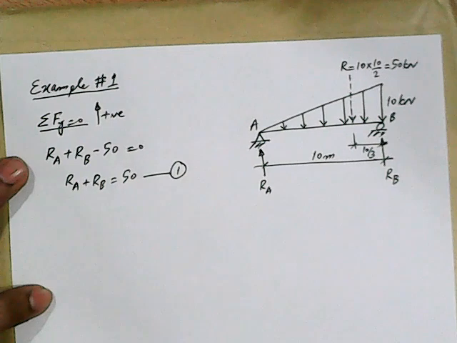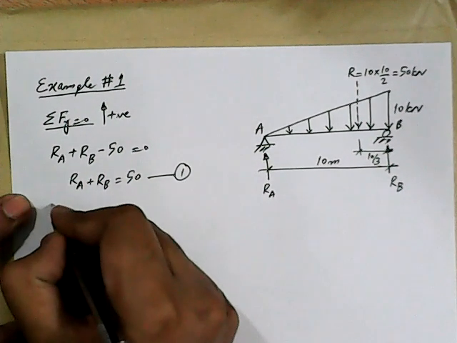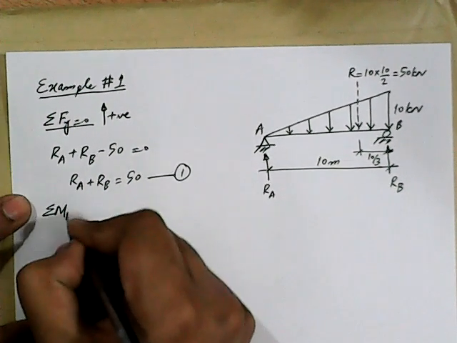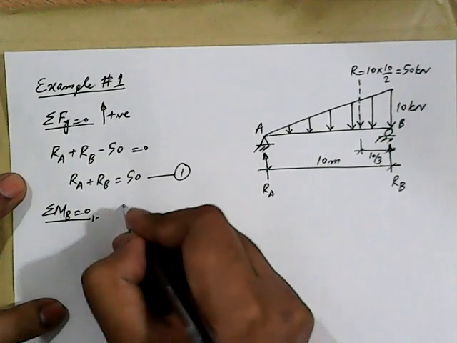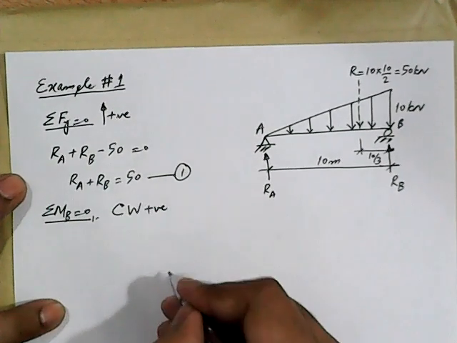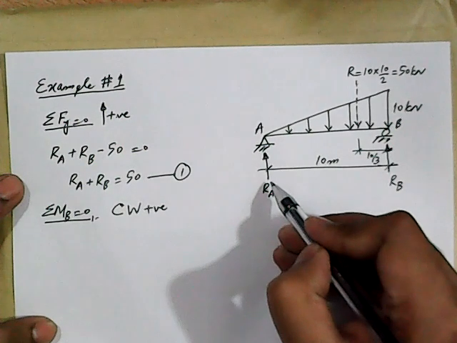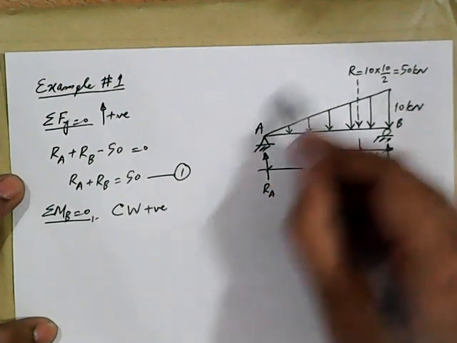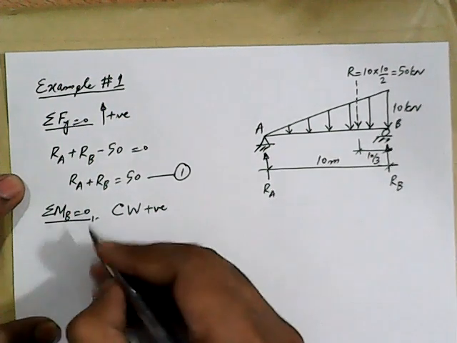For that, let's apply sigma MB equal to 0, and our convention is we will take clockwise moment as positive. Let's start from this side. RA is producing moment in the clockwise direction about point B, so it should be positive.